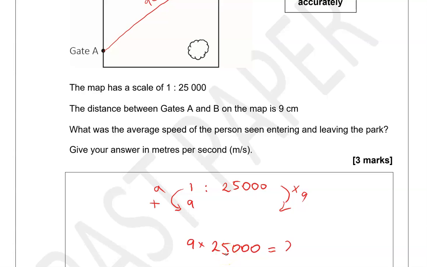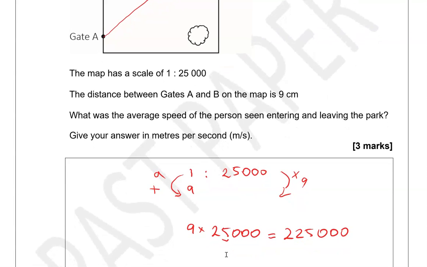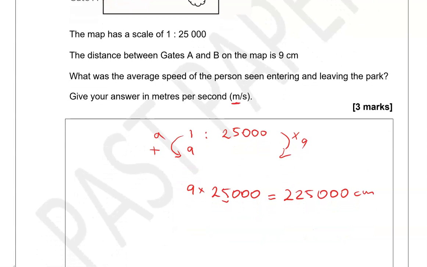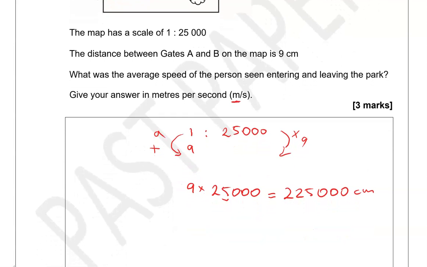Which is 225,000. That's centimeters. We need to give the answer in meters per second, so we're going to have to convert this into meters. In 1 meter there are 100 centimeters, just like centi, century, 100 years, or cents in a euro, it's 100 of them.